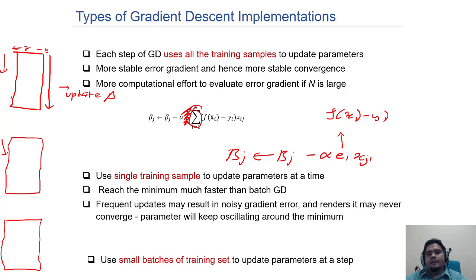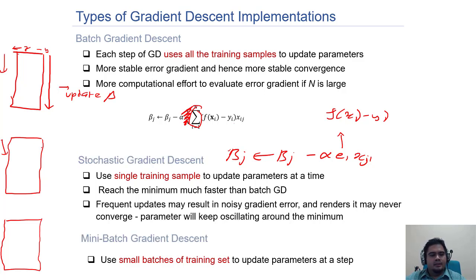However, for the stochastic gradient descent, you just take one sample here, you update your beta.